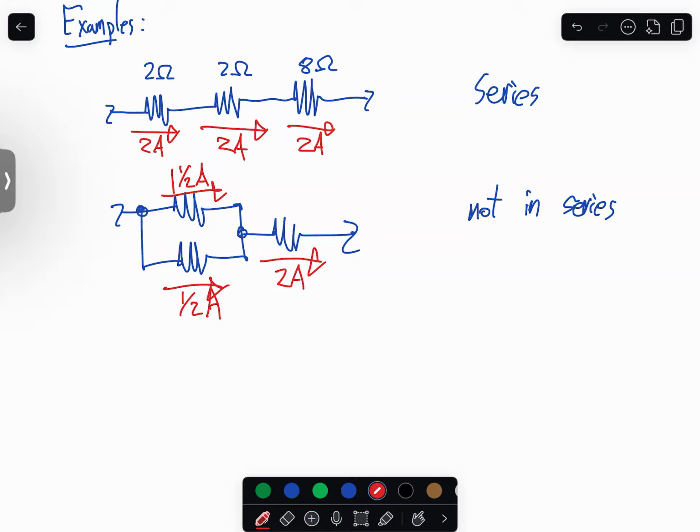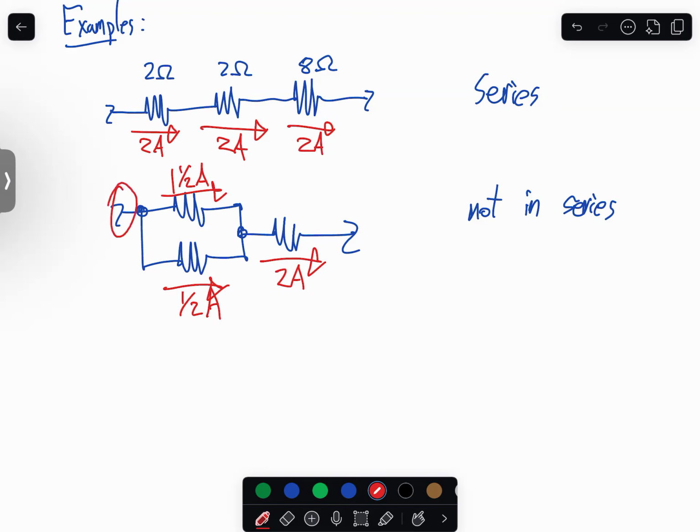Current is measuring the flow rate of stuff, gosh darn it. That stuff doesn't appear, it doesn't disappear. What goes in must come out. I have to have 1.5 plus 1.5 amps going in if 2 amps are coming out. Are these amps the same amps as this? No, they're different electrons. They're different charges.